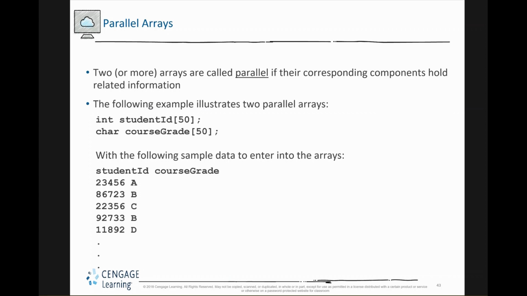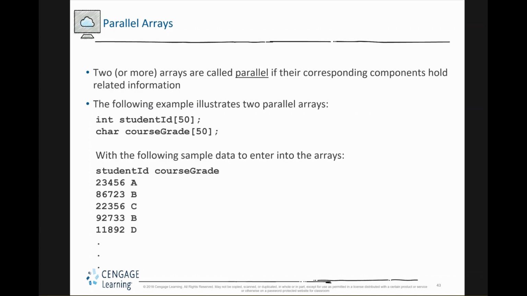Notice the data is a list of student IDs with their grades, and they need to be matched. If you were the first student with an A, you wouldn't want to accidentally be swapped with the third student who has a C. So you need to make sure the correct elements in each array are linked together.